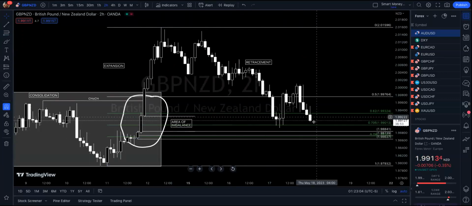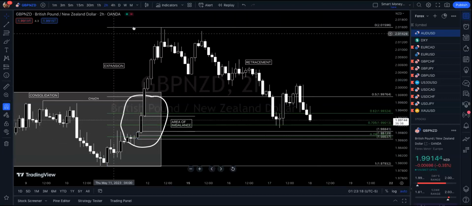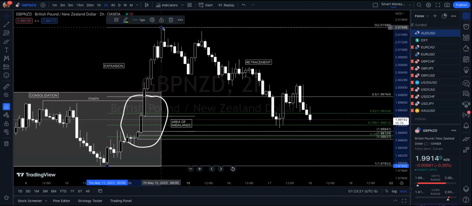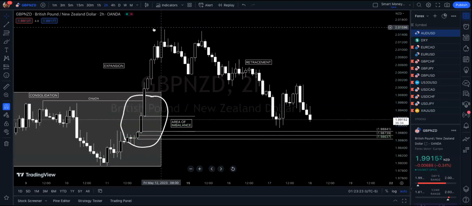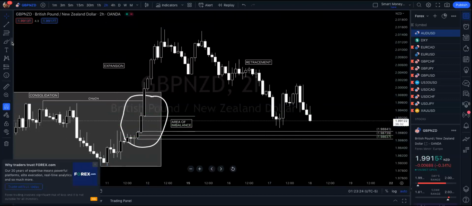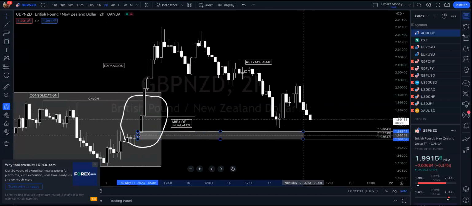But you see what we're getting here. Now, if this comes here and doesn't come all the way in, we are going to have what's called equal lows. Well, we want price to come back into our zone, where I have my Fibonacci. Watch this. I'm going to mark it with a rectangle just to make it a little more clear for you guys.